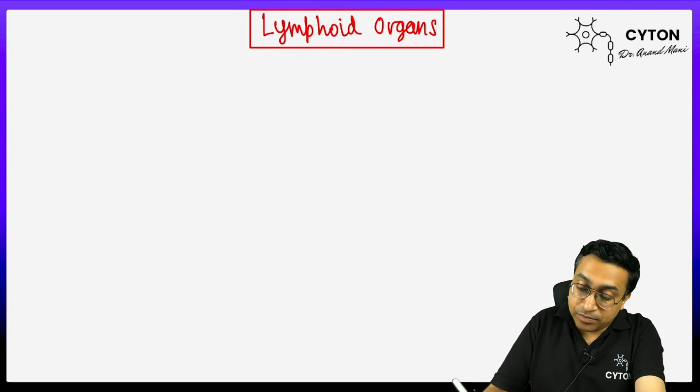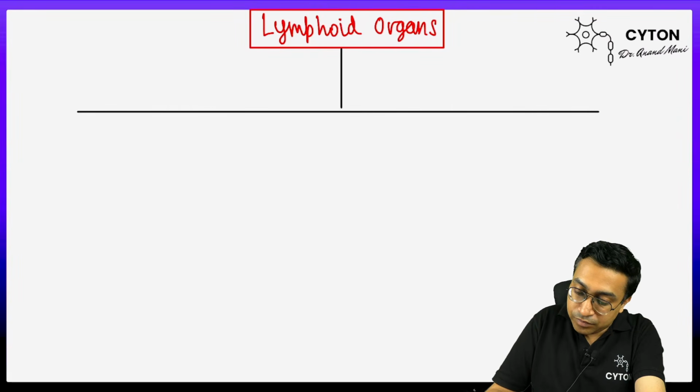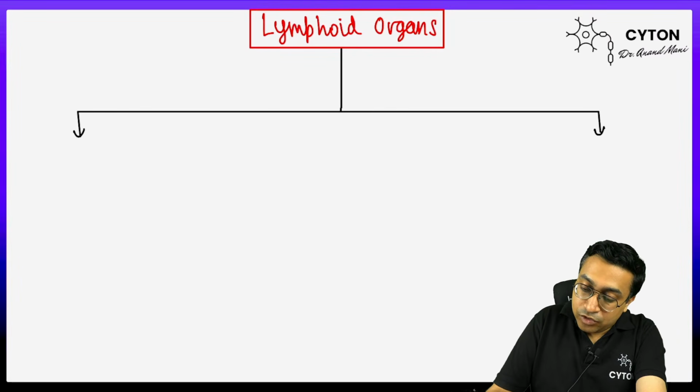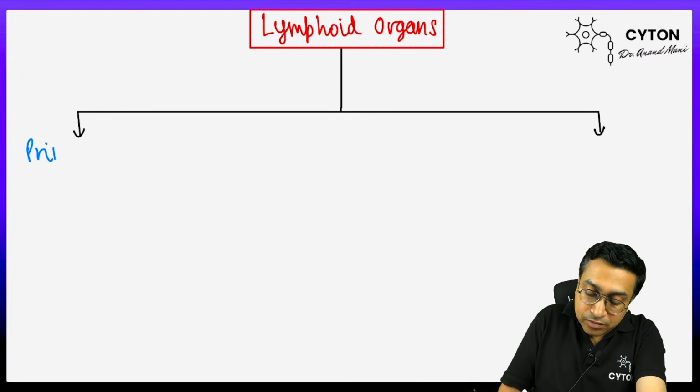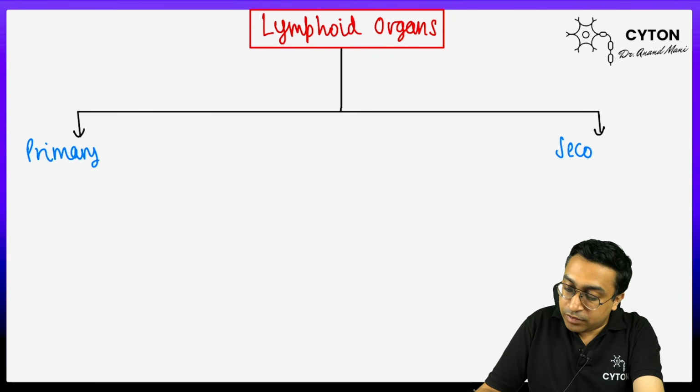So let us make this flow chart to understand things better. Okay, so one is the primary and another is the secondary. So first one, that is the primary lymphoid organs, and the other one is the secondary.